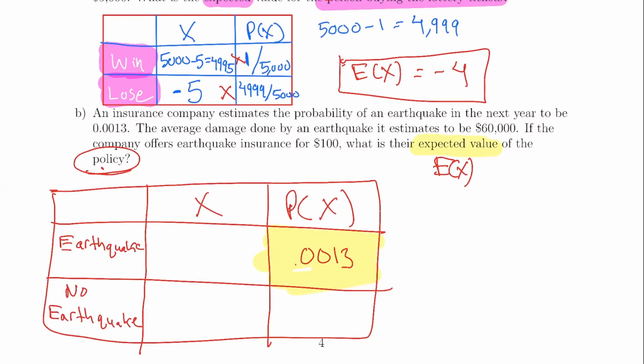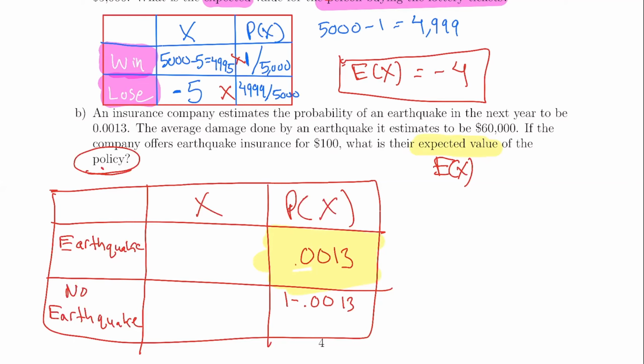If I want to find the probability that there's no earthquake, it's pretty much just the complement of that. You take the probability that the earthquake is going to hit and subtract that from 1. So we're going to do 1 minus 0.0013. Let me do that on my calculator.